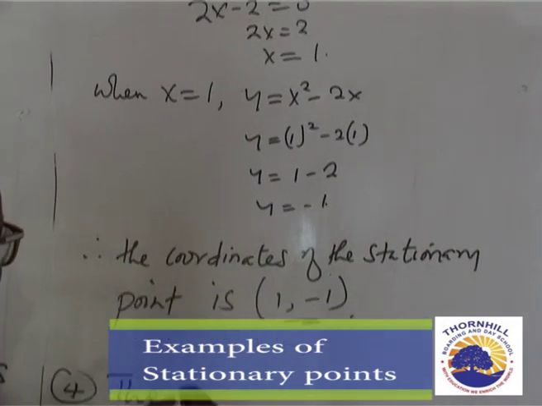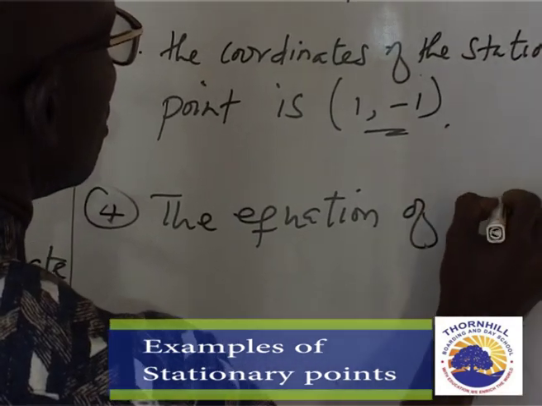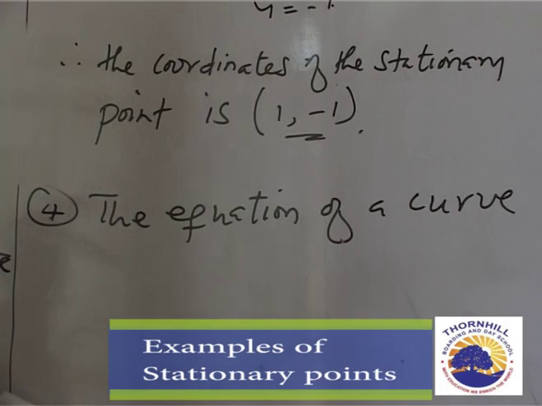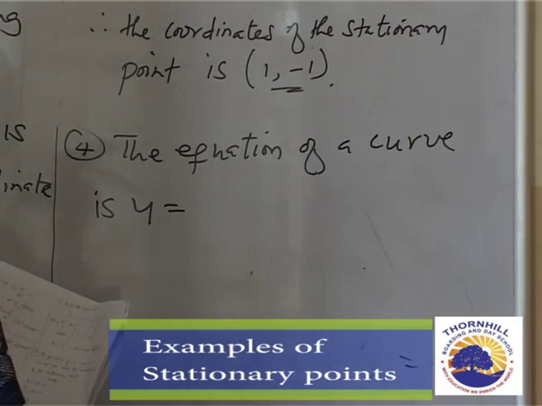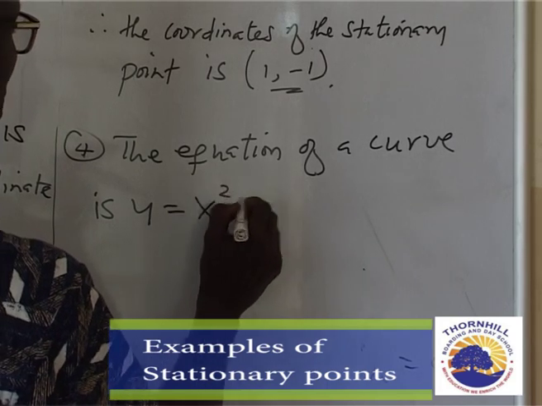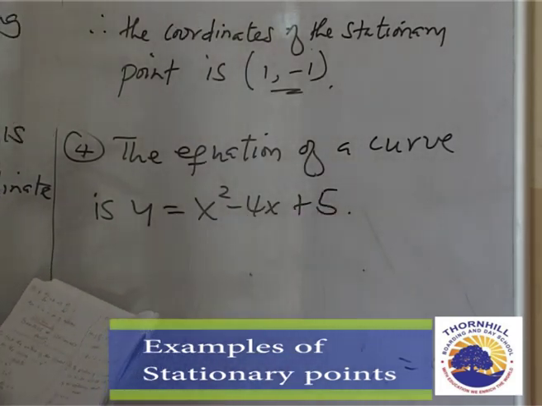The equation of a curve is y is equal to x squared minus 4x plus 5.